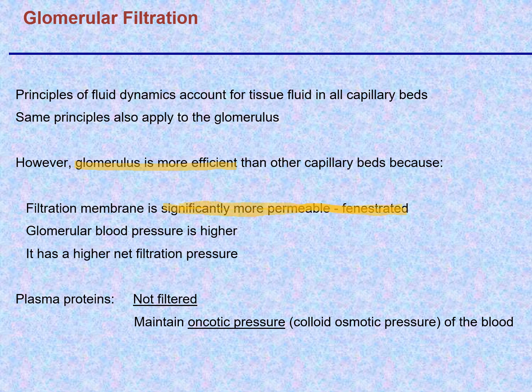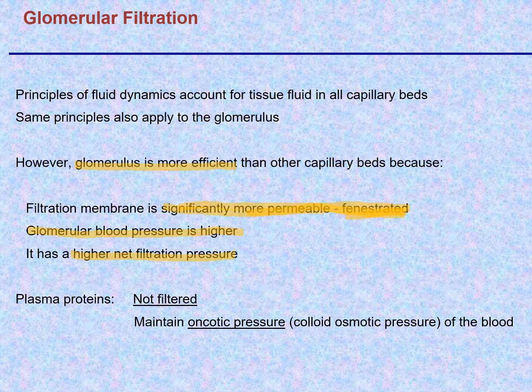A lot more fluid goes across because the glomerular filtration membrane is much more permeable. It's a fenestrated capillary, and also because glomerular blood pressure is very high. There's no other capillary bed that has as high blood pressure. So it has a much higher net filtration pressure.